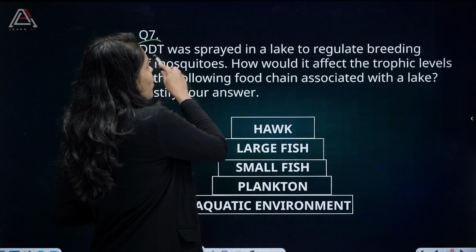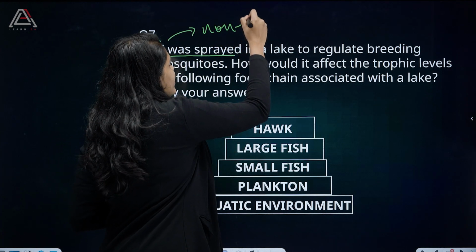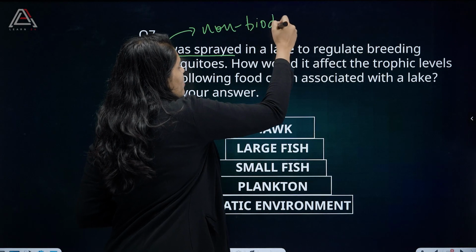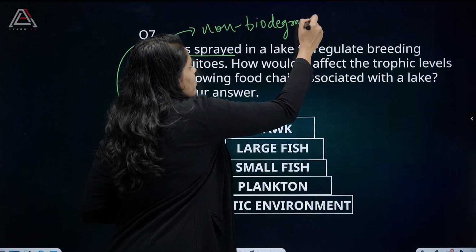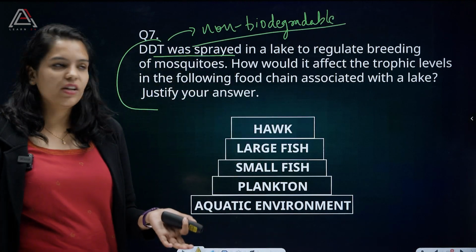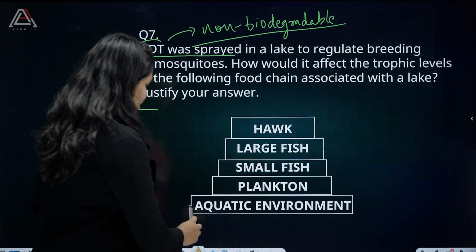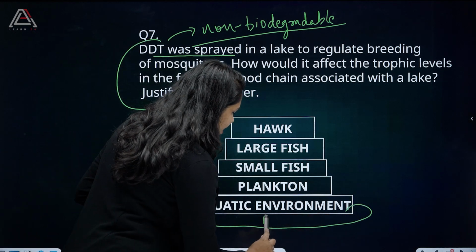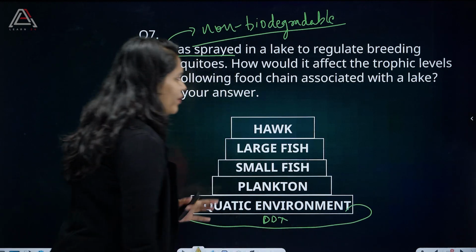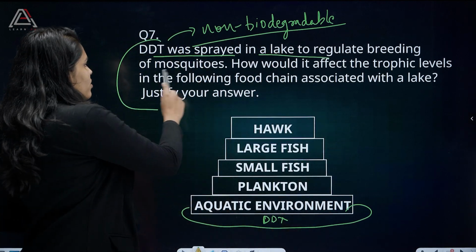So DDT was sprayed. What is DDT? It is a non-biodegradable material, right? DDT is non-biodegradable. So here DDT was sprayed in a lake, an aquatic environment, to regulate the breeding of mosquitoes.